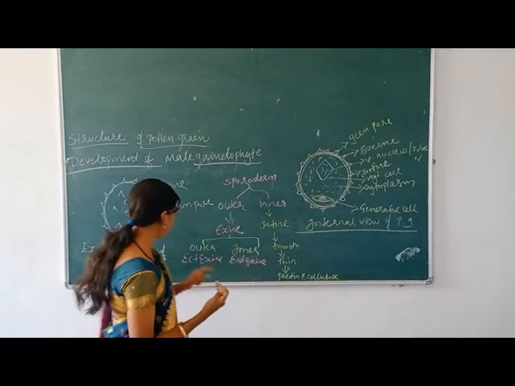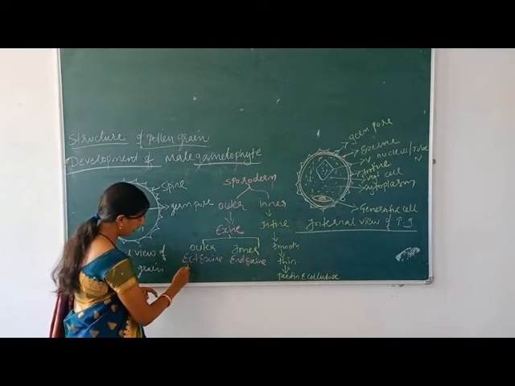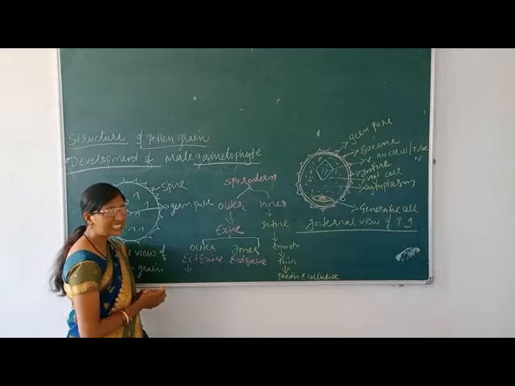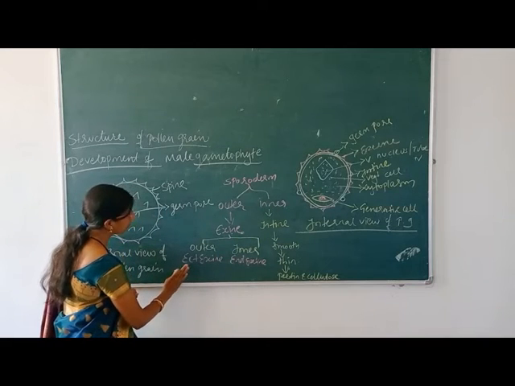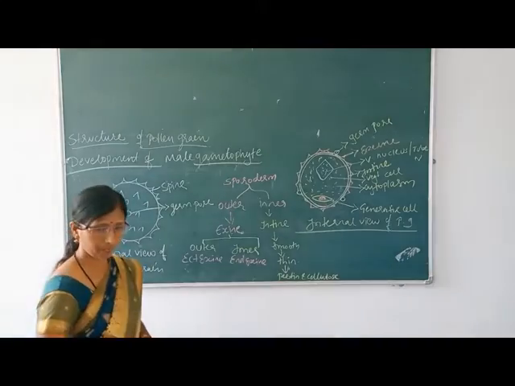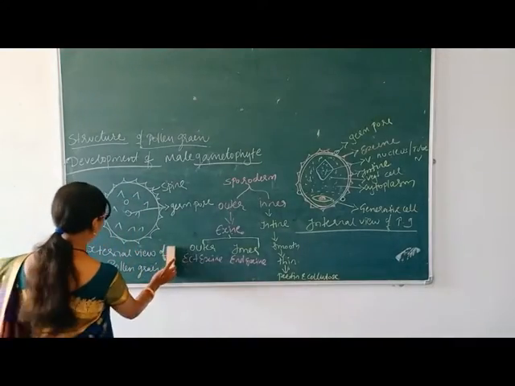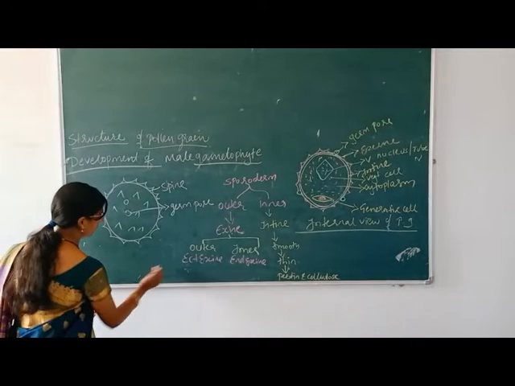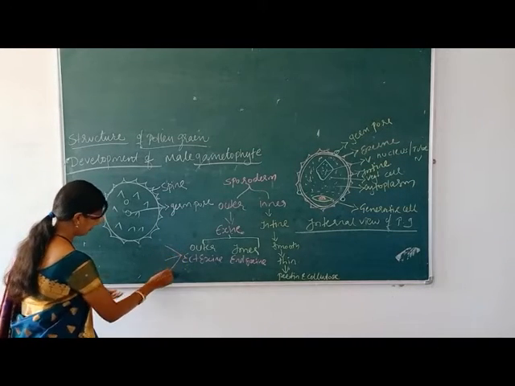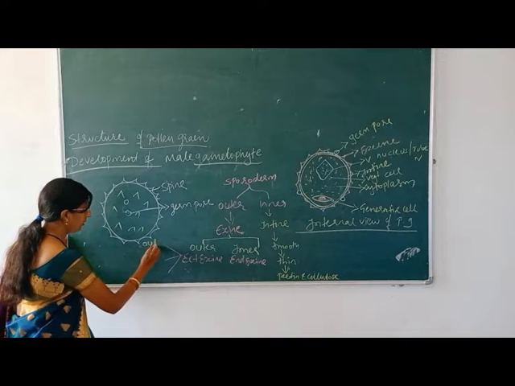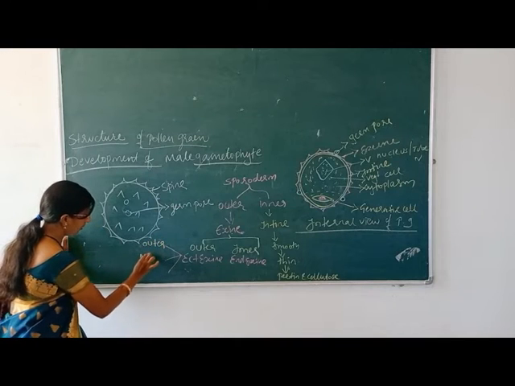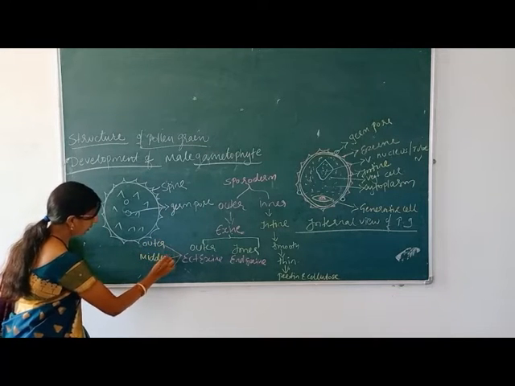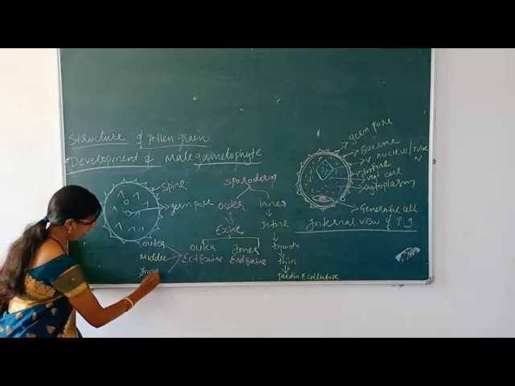And this ectexine is again differentiated into three layers: outer, middle and inner.